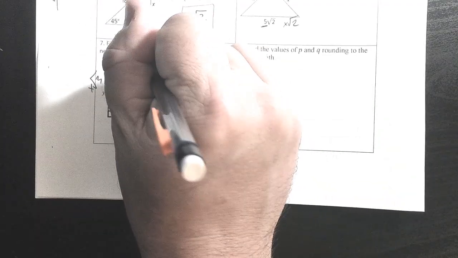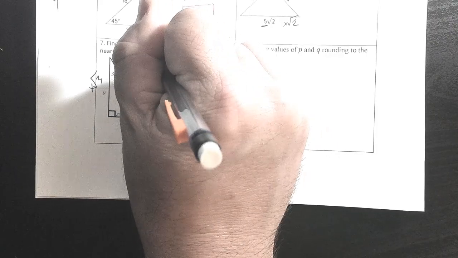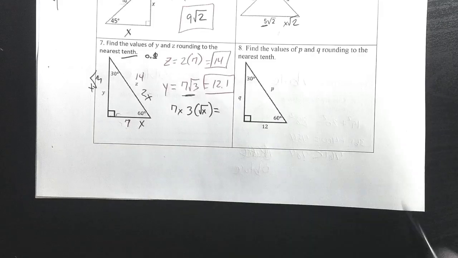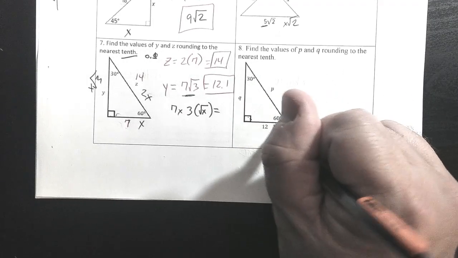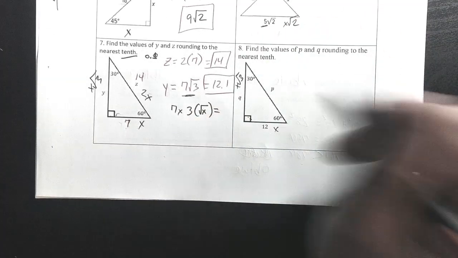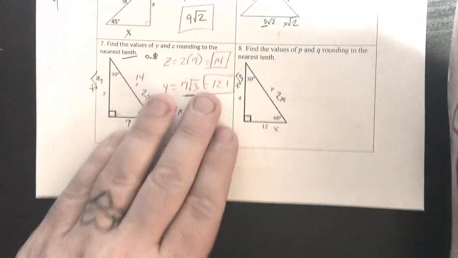Nearest tenth, that's the first spot, 0. Over here, I'll help you out. Remember the 90, 60 side is x, over here is x times square root 3, and this is 2x. Should be easy for you, I hope.